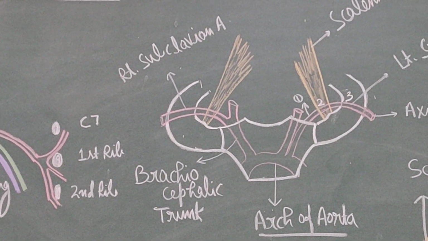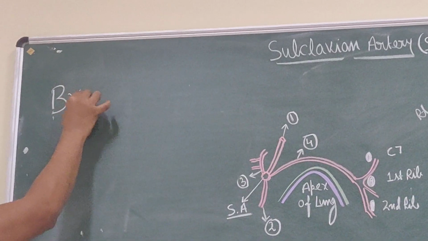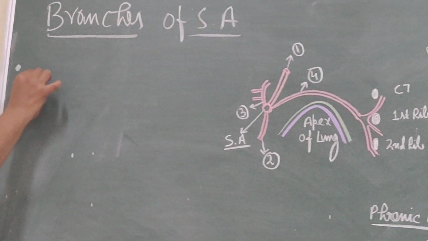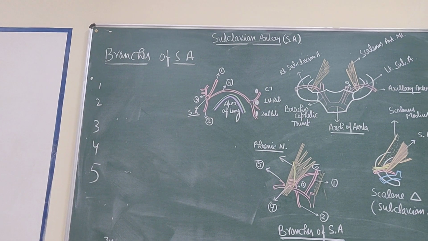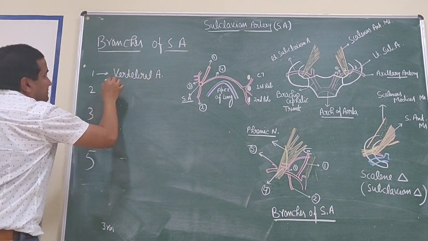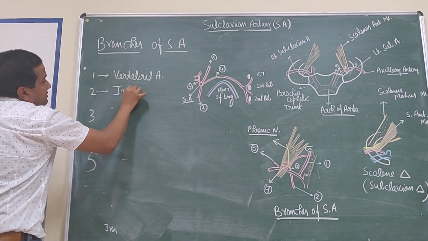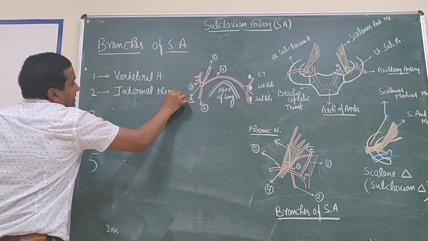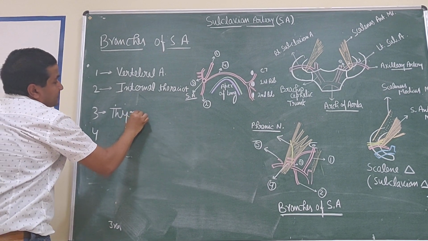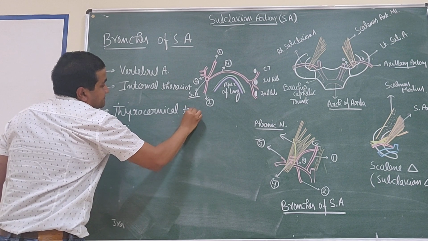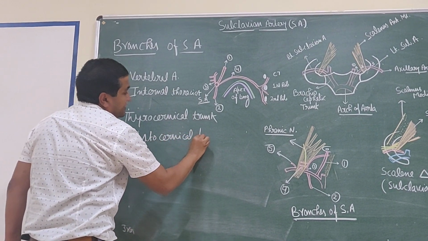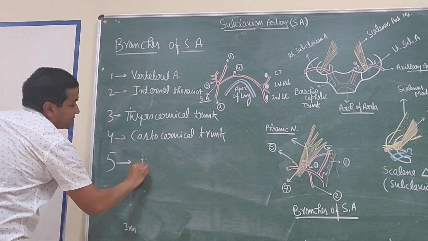Now, branches of the subclavian artery. It gives a total of 5 branches: the vertebral artery, then the internal thoracic artery, then the thyrocervical trunk, the costocervical trunk, and the last, occasionally present, the dorsal scapular artery.